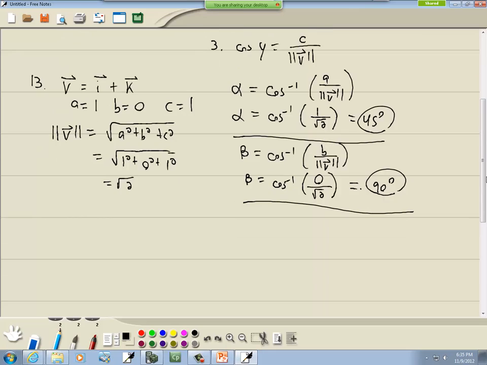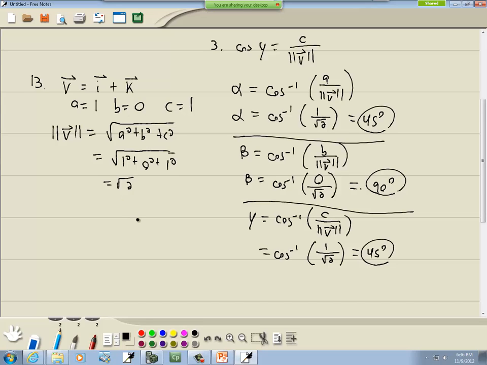You can see they're not that difficult problems. Then we're going to have the inverse cosine of C, which was 1, over the square root of 2, which is the same as the first one, 45 degrees. And those would be our answers.